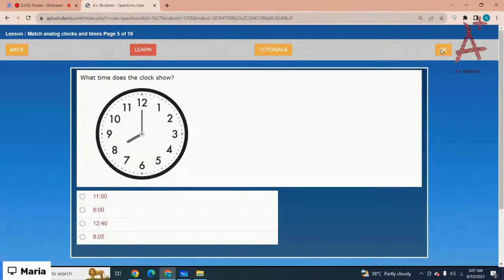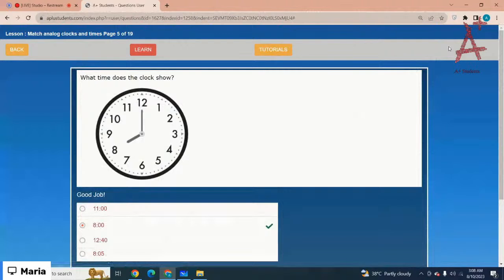Which is the correct option? Yes, that is 8, because the hour hand is pointing to 8. So that would be 8.